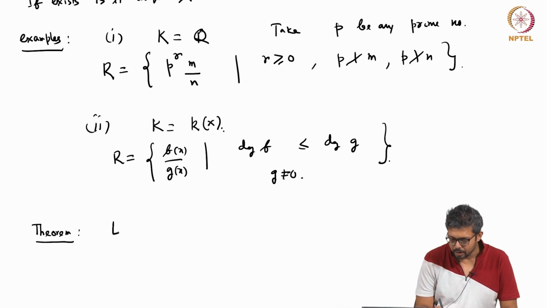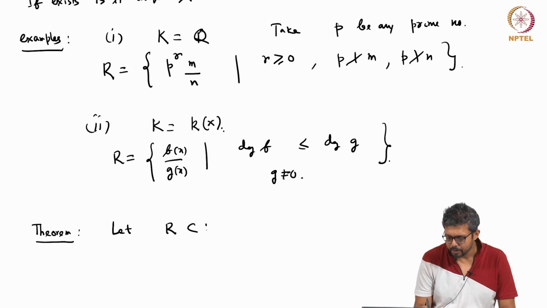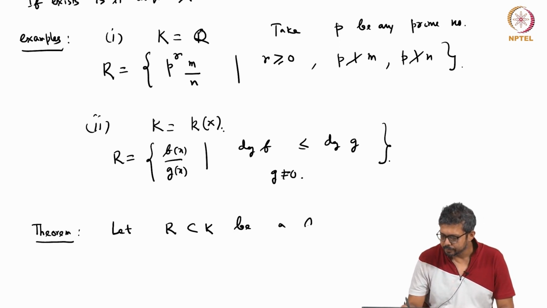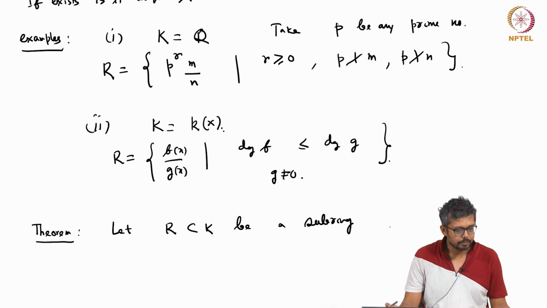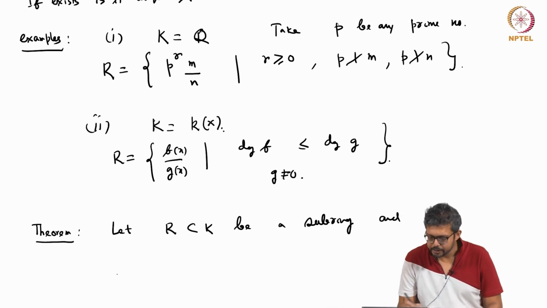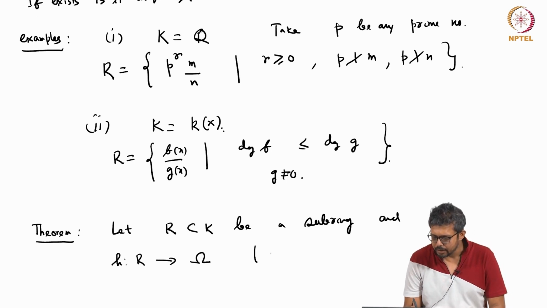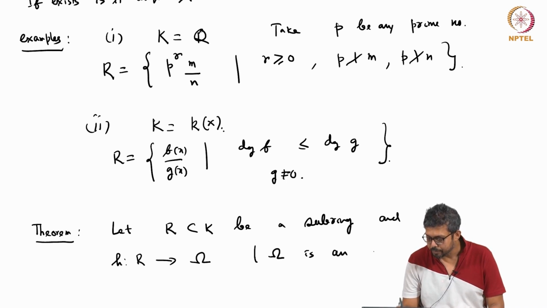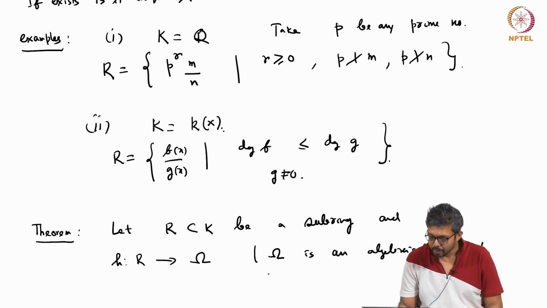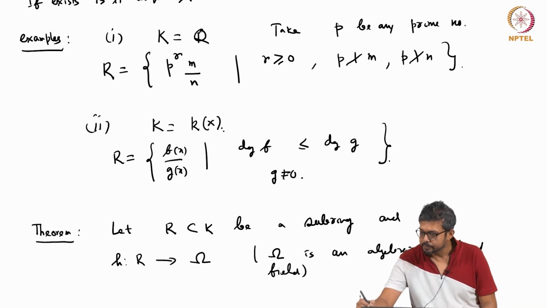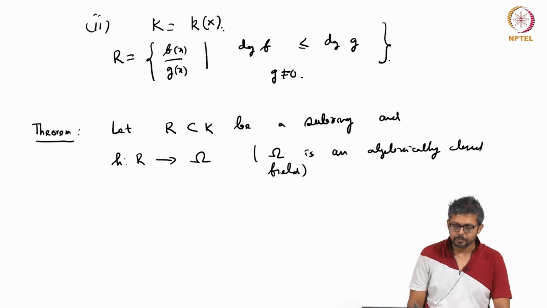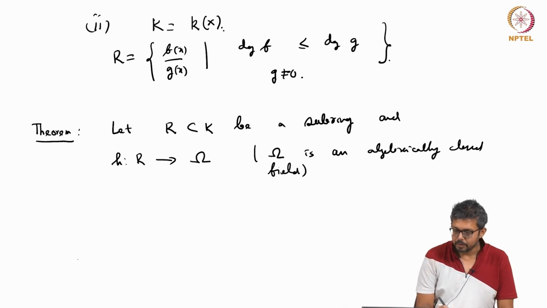So let R be a subring, and h is a ring homomorphism from R to omega, where omega is an algebraically closed field. And this is a ring homomorphism.